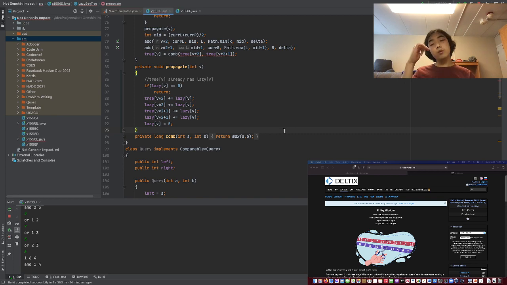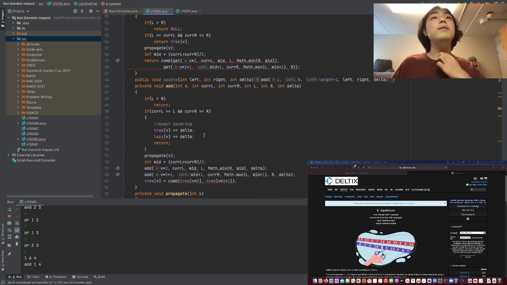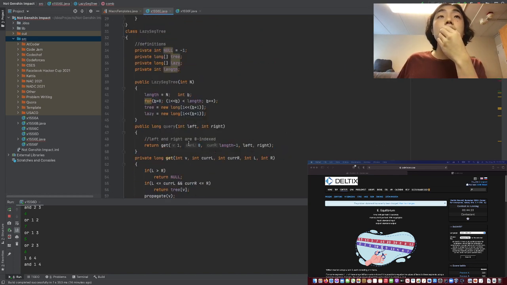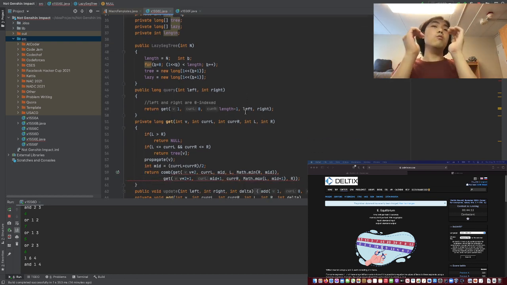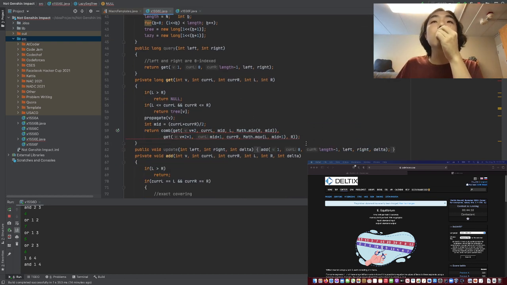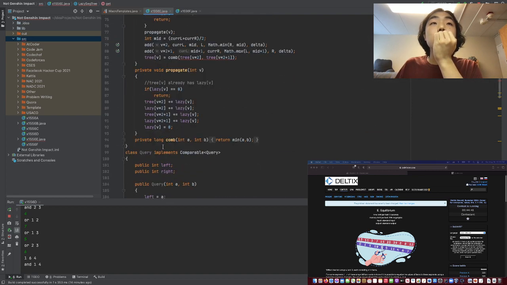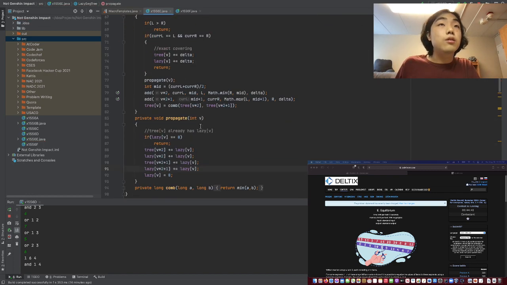I mean, we want to query the minimum. Yeah, it's a min query. We want to return the min query, and null, let's say it's equal to 0. So we only care when the min is less than 0. And then everything else looks the same.